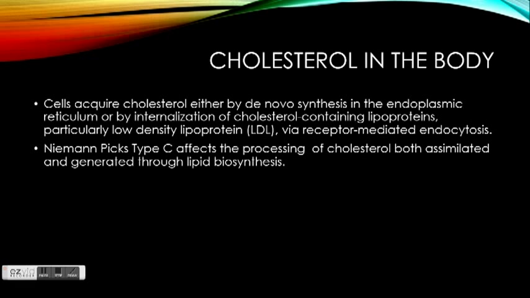Cells acquire cholesterol either by de novo synthesis in the endoplasmic reticulum or by internalization of cholesterol-containing lipoproteins, particularly low-density lipoproteins, or LDLs, via receptor-mediated endocytosis. Niemann-Pick type C affects the processing of cholesterol, both assimilated and generated through lipid biosynthesis.